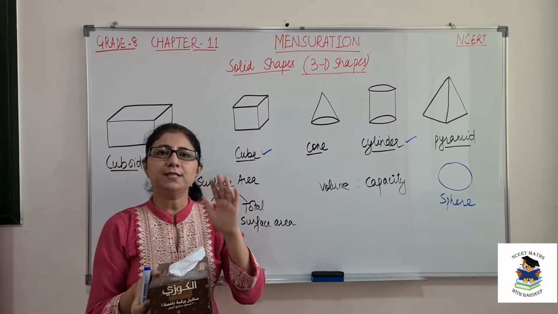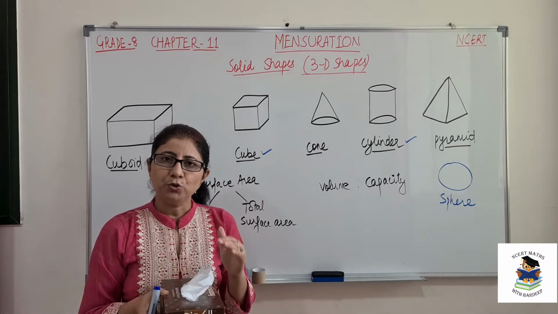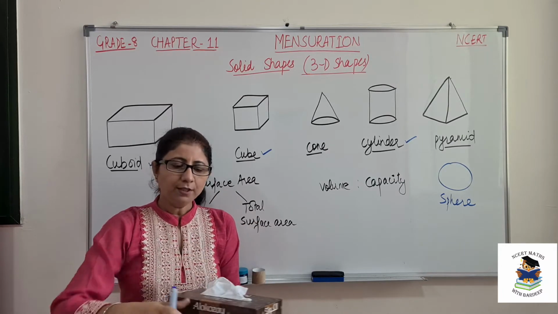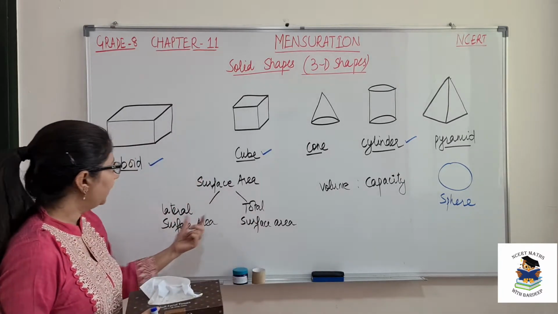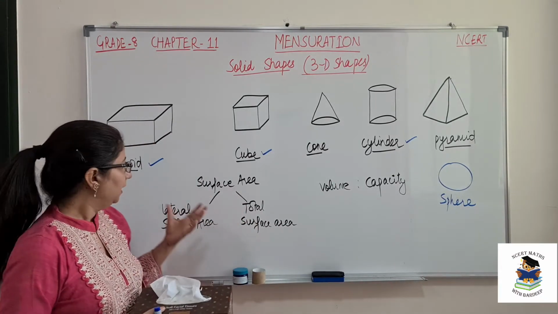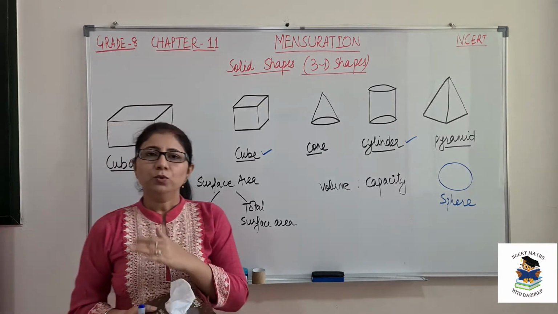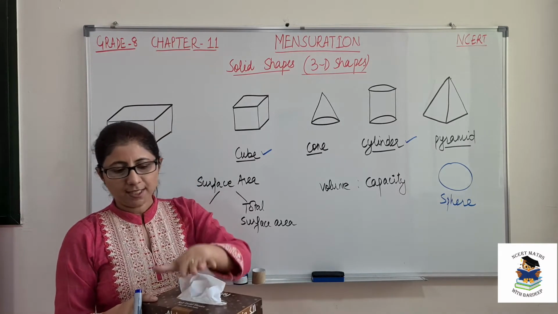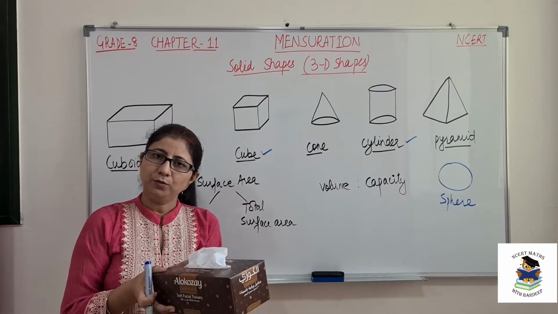That means the area of all 6 faces is to be calculated. So when we are considering all the faces, that is referred to as total surface area. Then what is lateral surface area? Lateral surface area means only these 4 sides, that is, except the top and bottom.